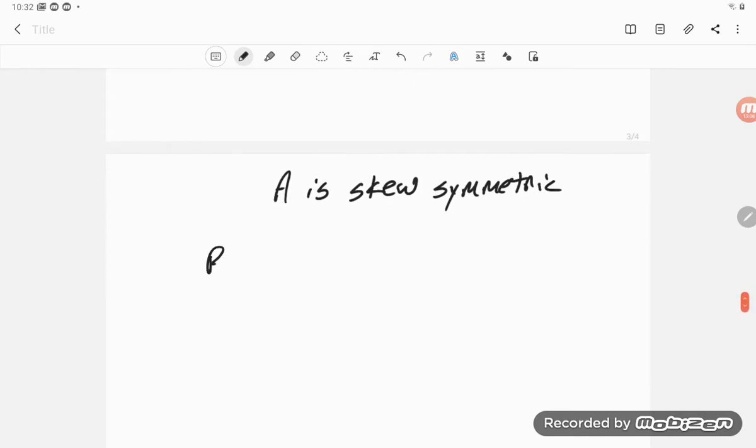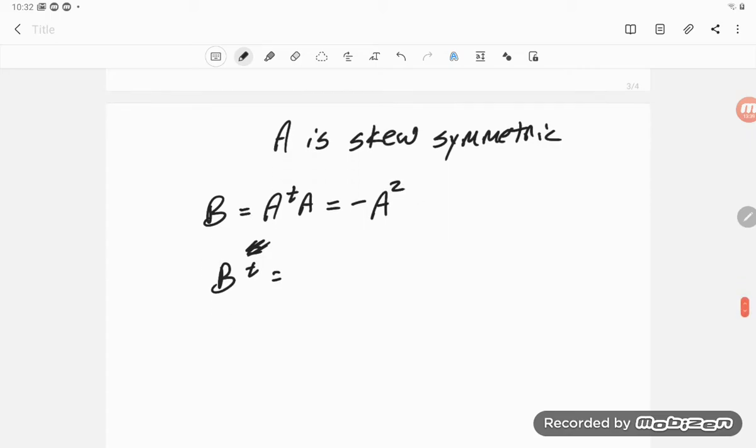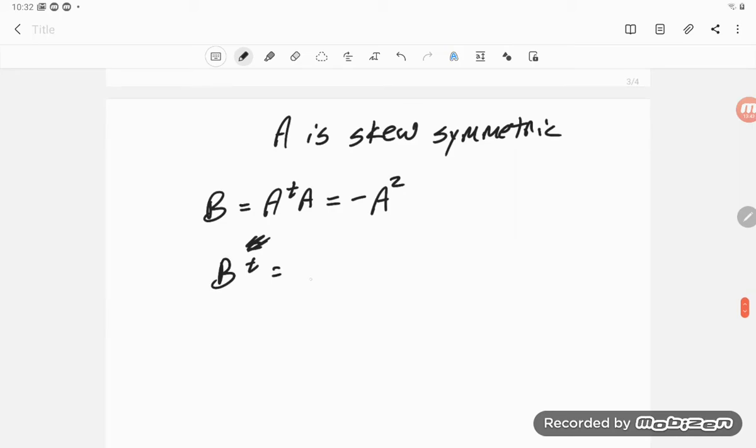Let's define B equal to A transpose A. Then B transpose is equal to, well, if A is skew symmetric, B is equal to negative A squared, I guess.